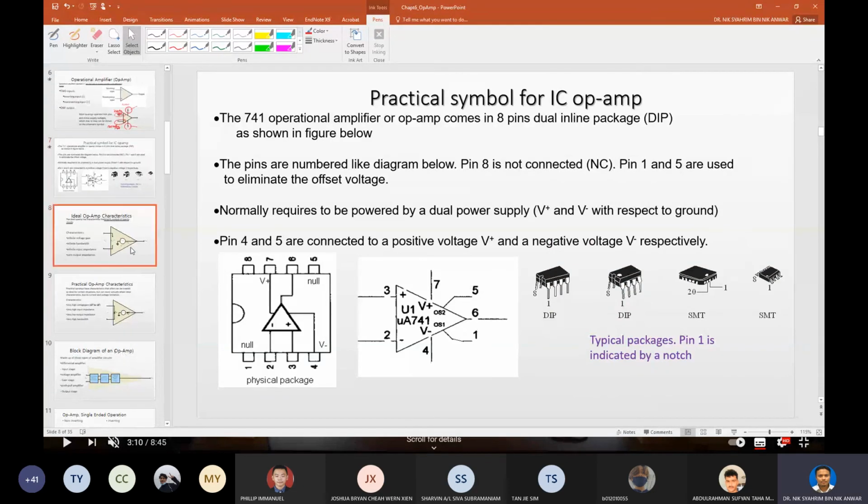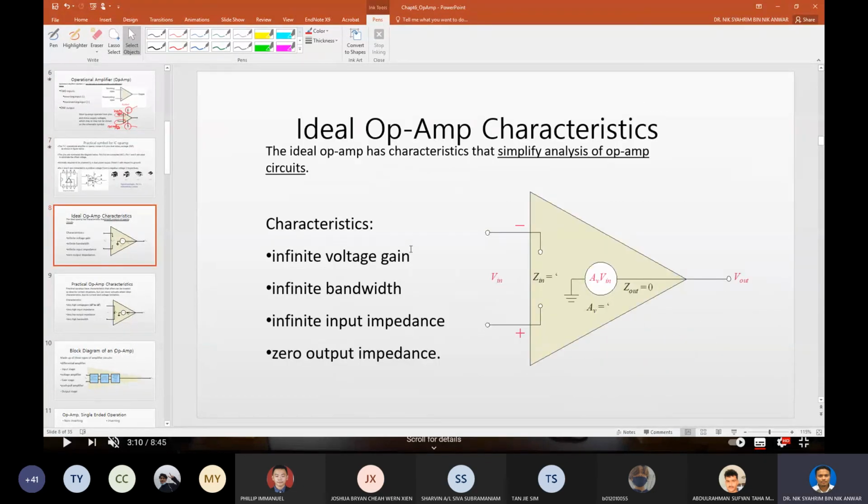Then we have this explanation: ideally an op-amp has an infinite voltage gain. So for an ideal op-amp, A is actually infinity.